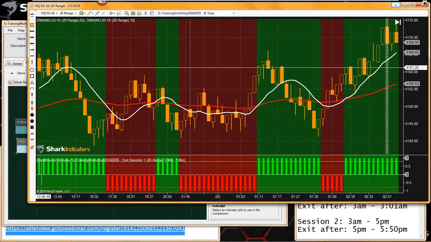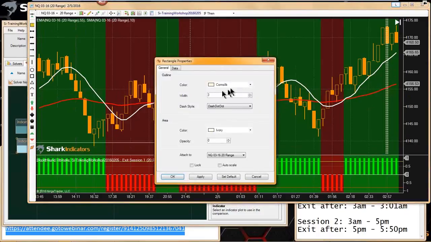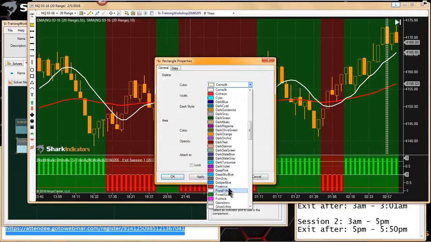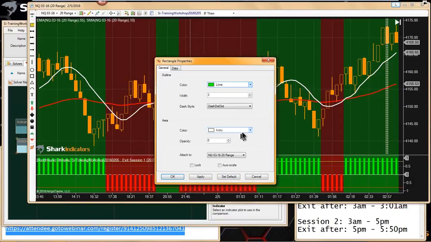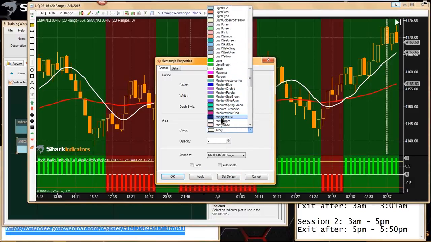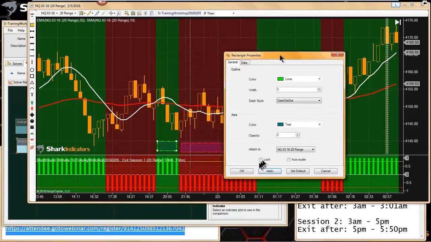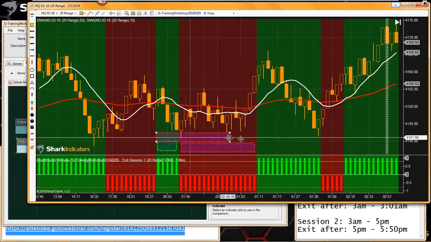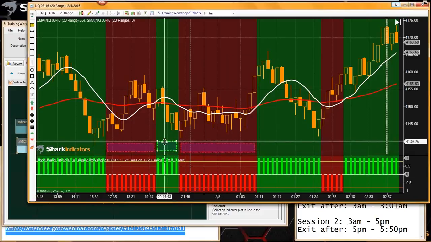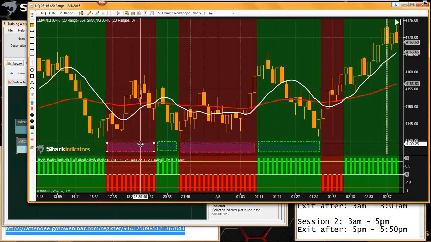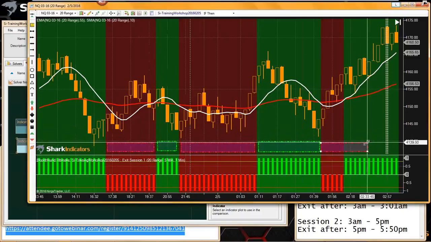I'm going to identify these red and green areas on the chart, so we have a visual reference for later.